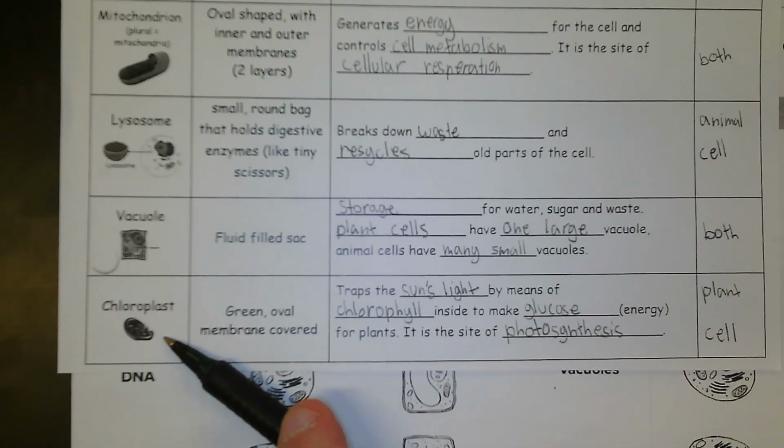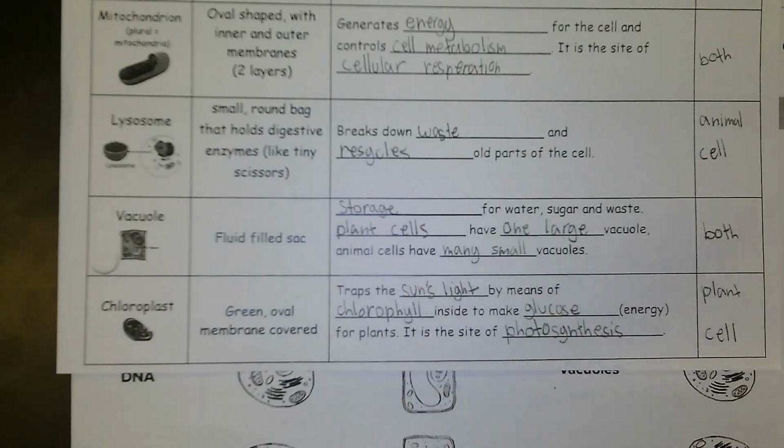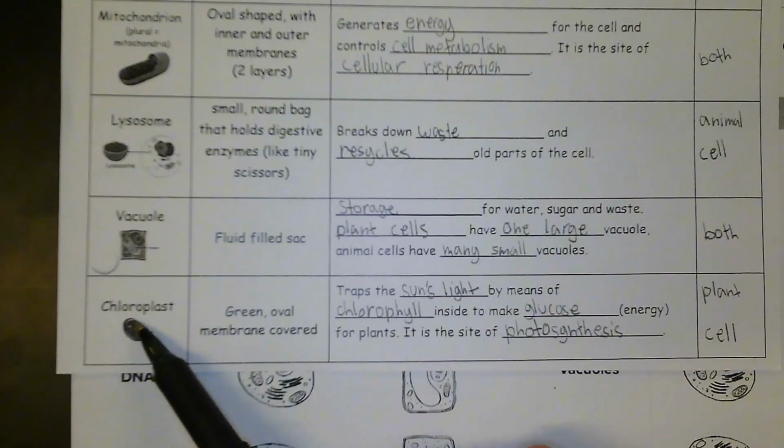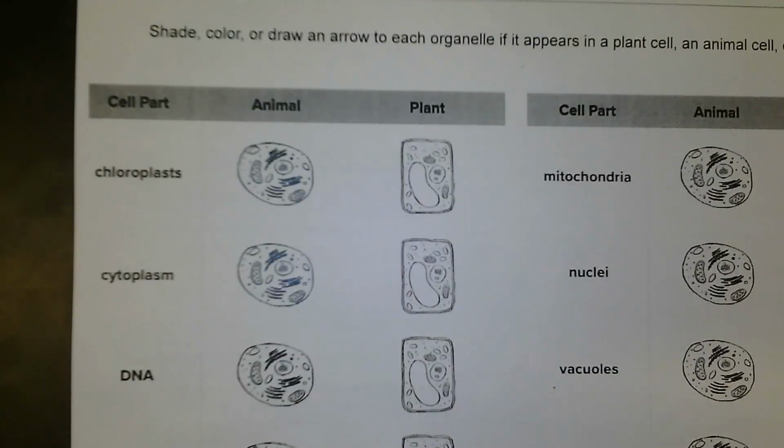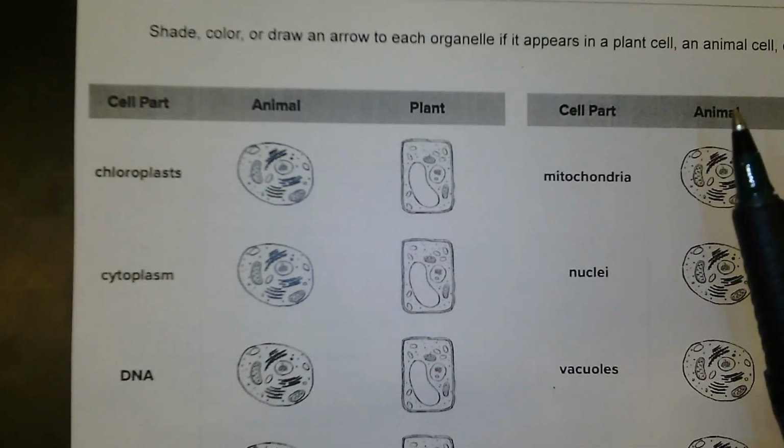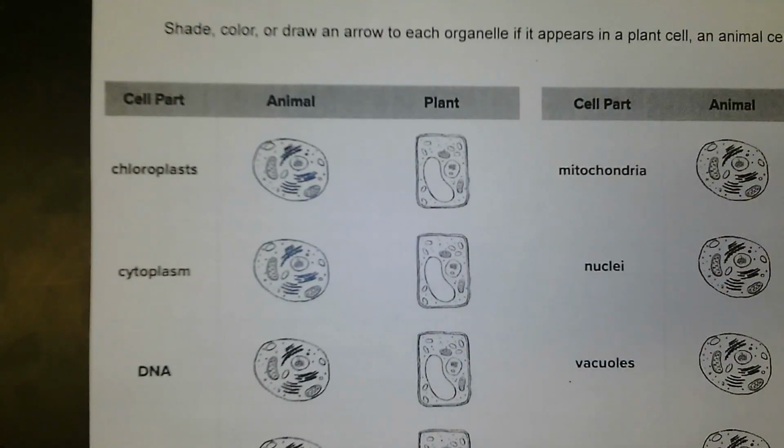It looks like some stacked double nickels to me. It usually looks like this circle with these little stacks in it. Green, oval, membrane covered. So let's look back here and see if we can identify it.